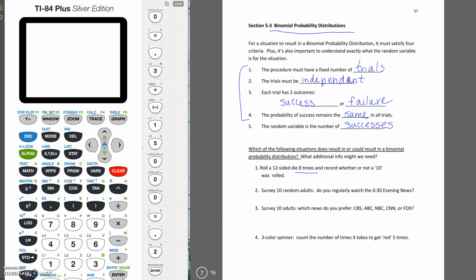Even though it's a 12-sided die, we do have 2 outcomes. Either it is a 10, so we'd call a 10 success, or it's not a 10, which would be our failure. And there would be the same probability each time because you would have the same probability of getting a 10 each time.